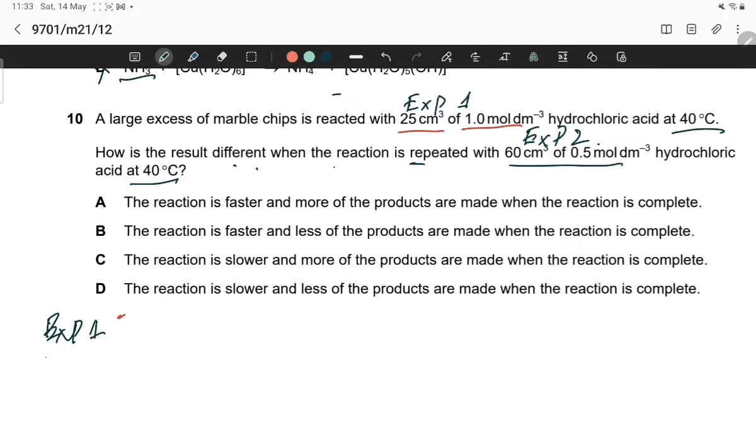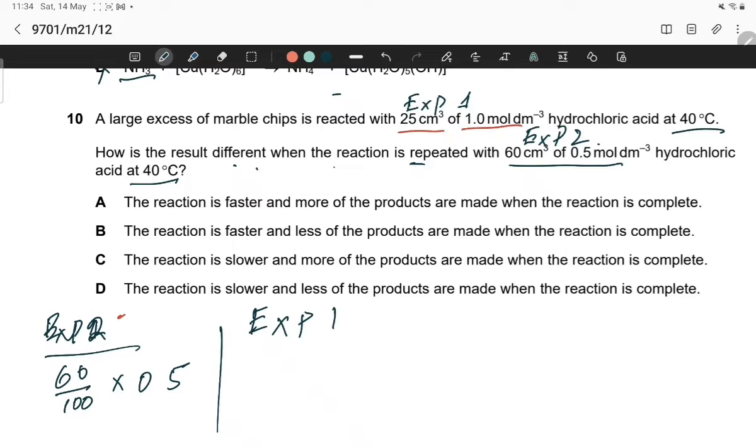Experiment 1, 60 divided by 1000, volume, concentration into volume, 0.3. This is experiment 2. Now experiment 1, 25 divided by 1000 into 1 concentration.